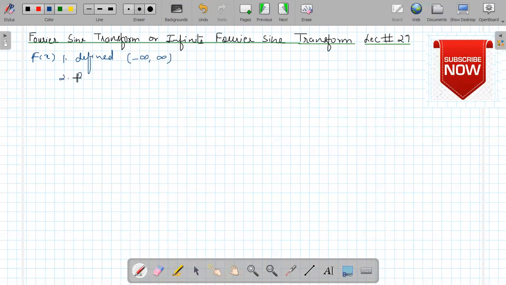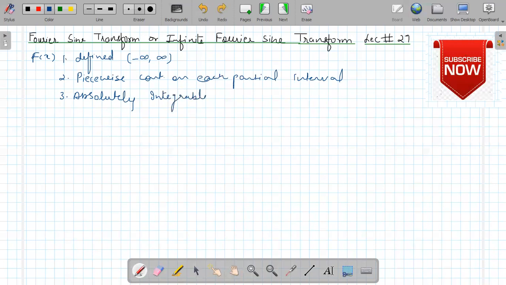Second, it is piecewise continuous on each partial interval. And it is absolutely integrable in this interval.